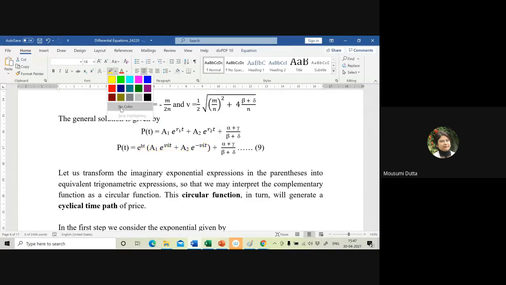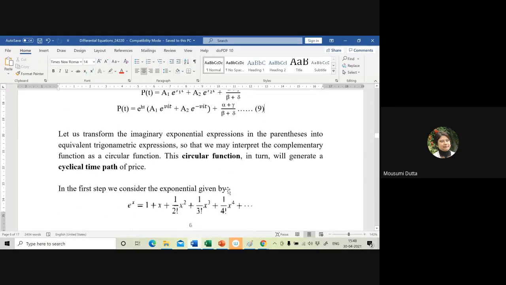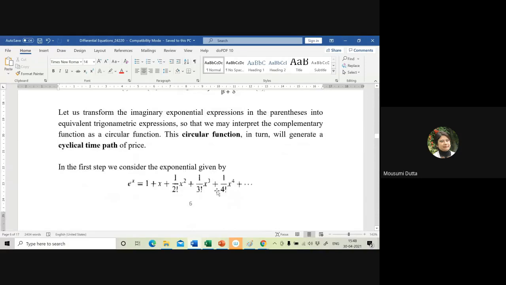If anyone has any query, any question regarding the convergence condition, please ask me. Okay. So if the convergence condition is clear, we can move to the next part. It will be a longer thing because we will use several concepts which you earlier learned in different courses. So next we are moving towards this.